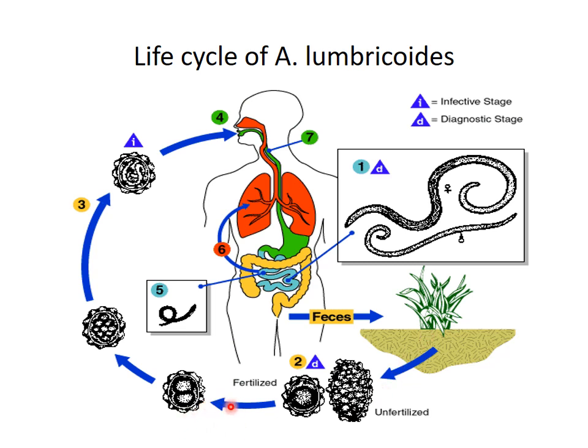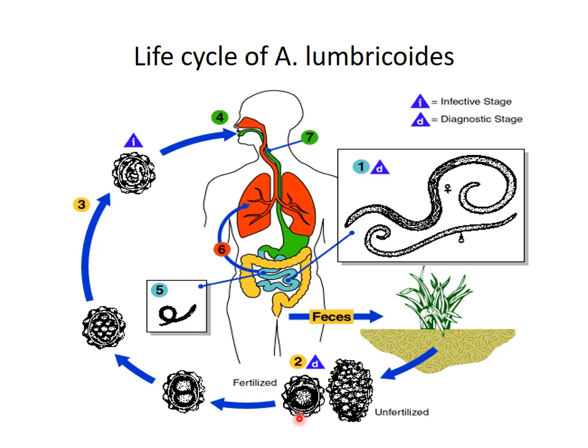Now that egg needs to mature and convert itself into the infective form, which is the egg containing the rhabditiform larva. For that it requires almost 14 days. Then it becomes infectious again. So a freshly passed egg is not infectious to human beings.